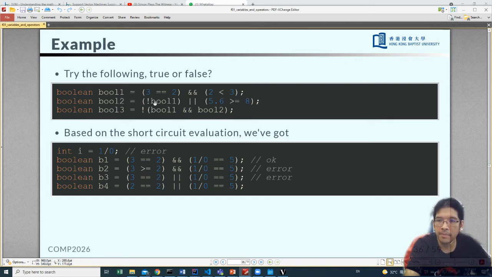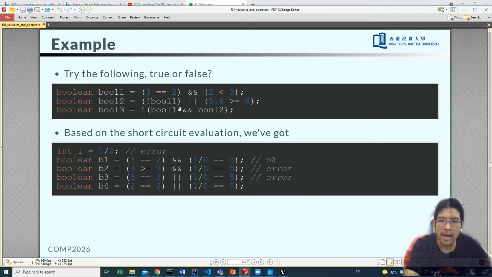The second one, bool1, because this is false, not bool1, equals true. True or false will give you true. The last one, bool1 will be false, bool2 will be true.